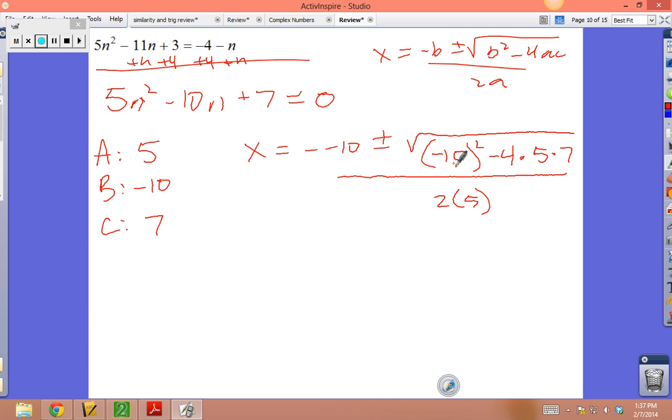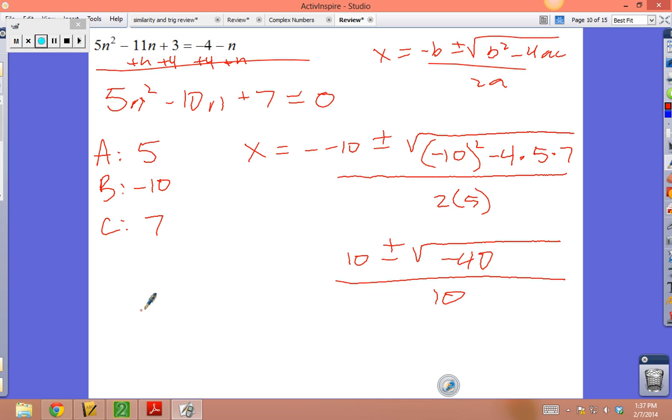Okay, now Curtis, punch this out. What is, type in 100 minus 4 times 5 times 7? This is negative 40. Okay, negative 40. So Jesse, if you ever have a negative in the square root, that means it's imaginary.